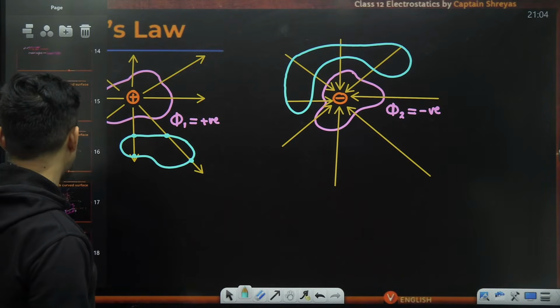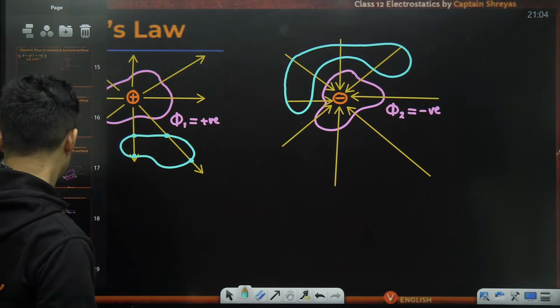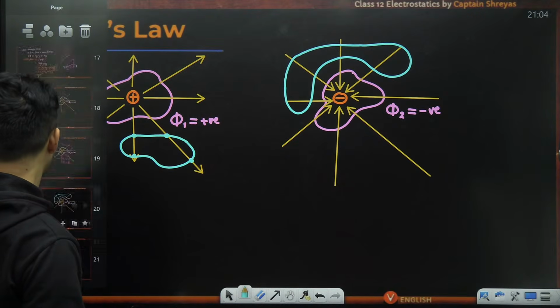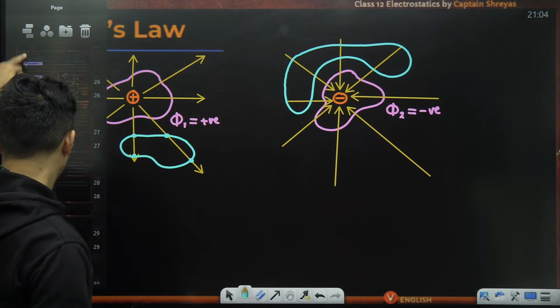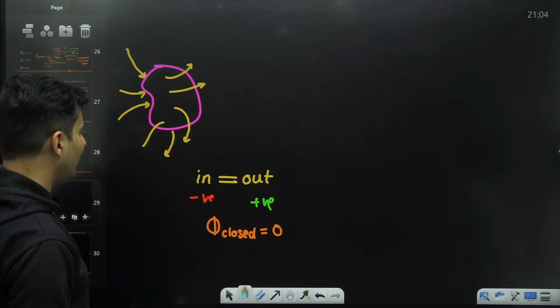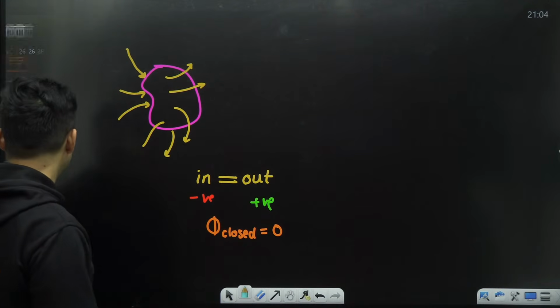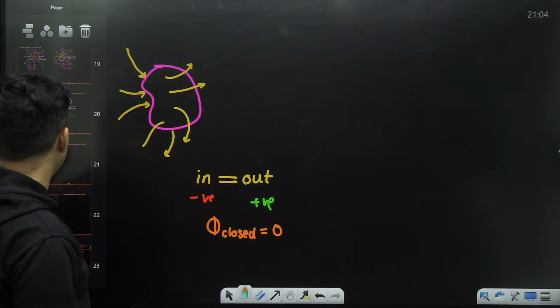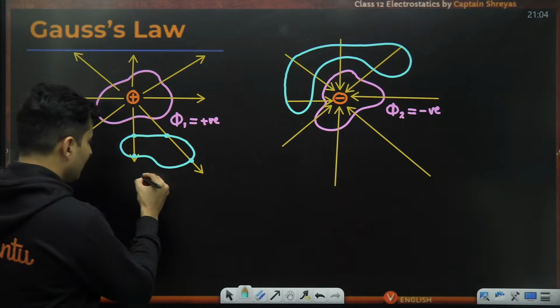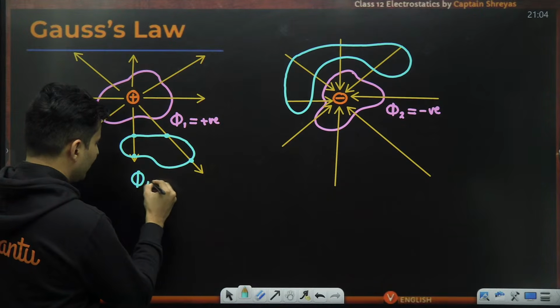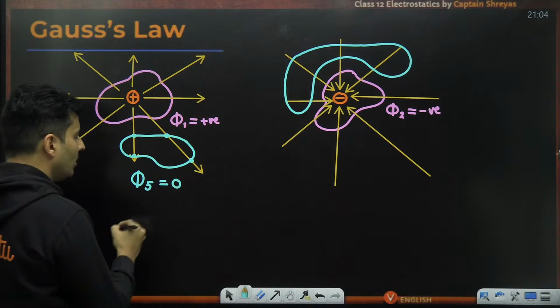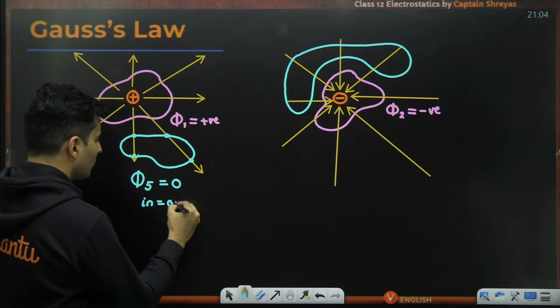We just did a question on it somewhere. Yep, I think over here. I just told you if going in and coming out is equal, the net flux 100% is going to be 0. So using this particular logic, can I just say the flux through this fifth surface is just going to be 0? Because whatever is going in is also going out.